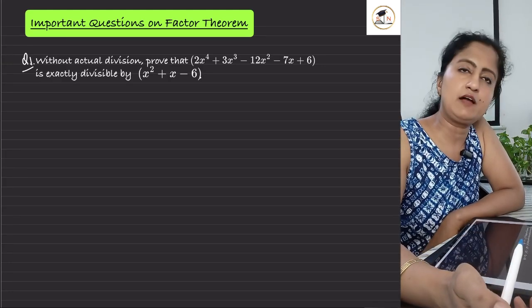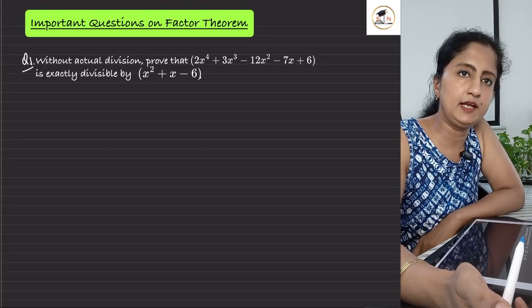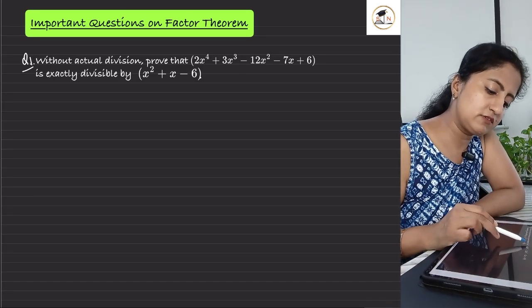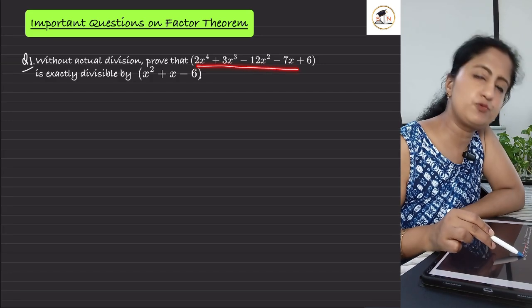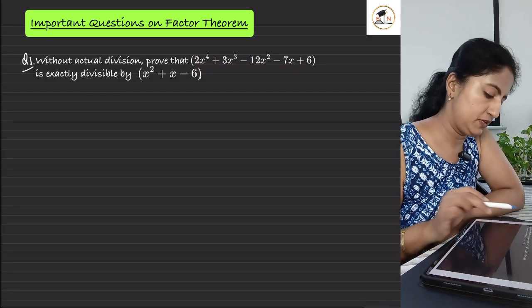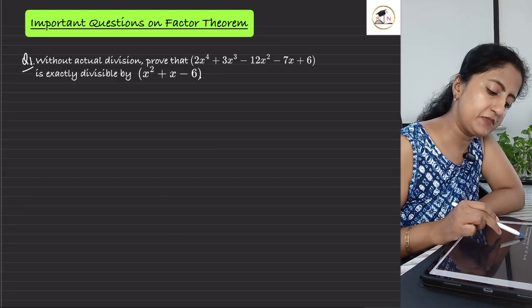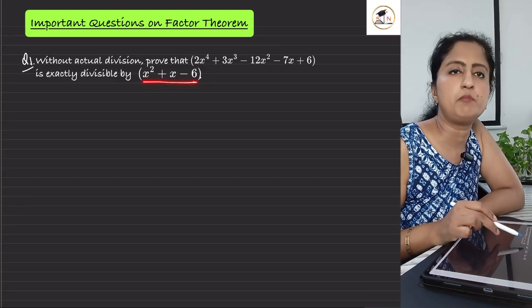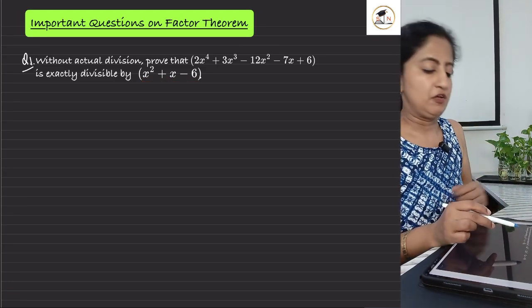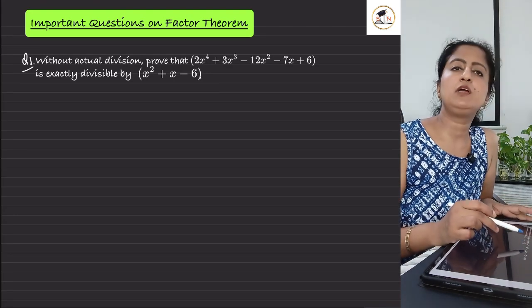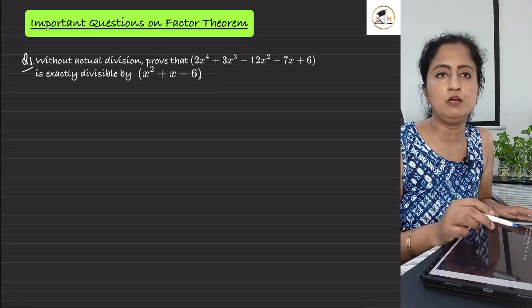So over here, they have just claimed that we should not be getting into that. They have given us the main polynomial, which will act as your dividend. Now, we need to show that it is exactly divisible by x^2 + x - 6. We have got the divisor, but we are being told not to do division.